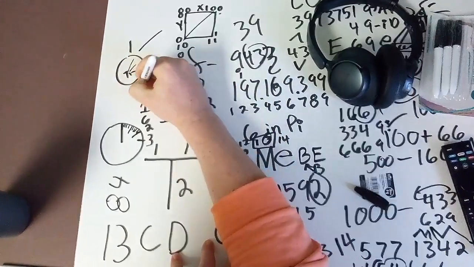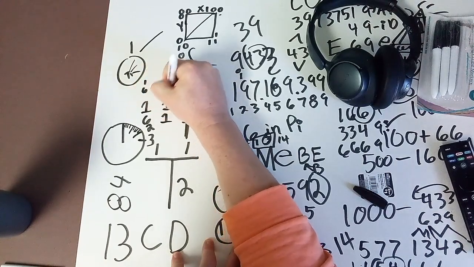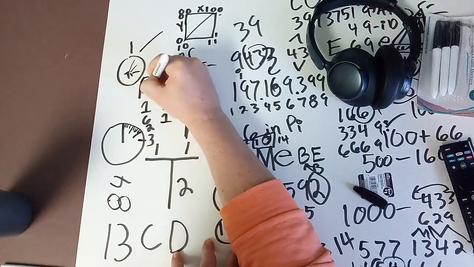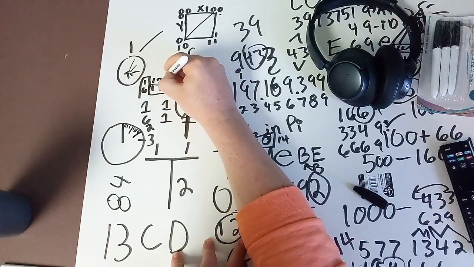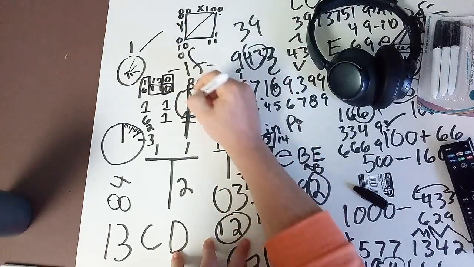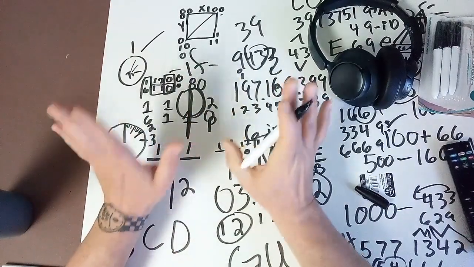Alright, so let me rewrite that as 1, 6, 1, 1, 0. So that's binary right there. That is letter placement. And we got 1, 2, and then we just make the jump up. We got that to jump to our 0 point, and now we're starting from square 1.